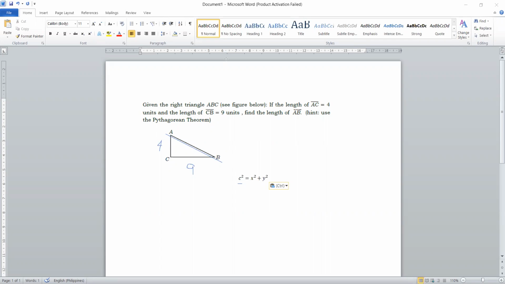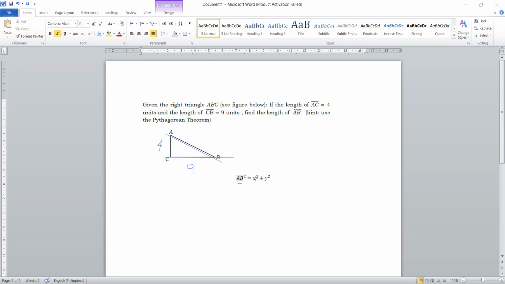So you can also rewrite this as AB squared is equal to, so I wrote here x squared because I'm referring to this horizontal segment. So it's like your x axis for Cartesian plane.